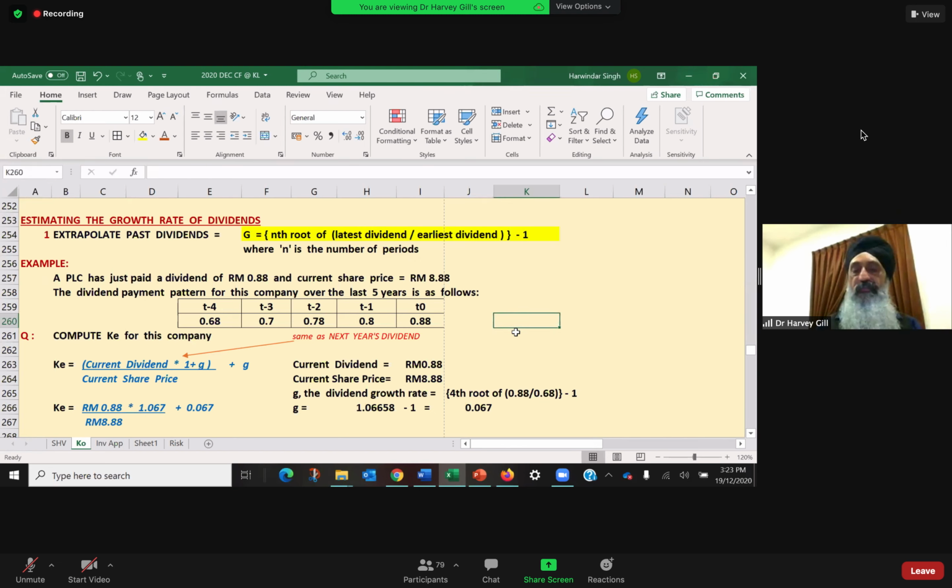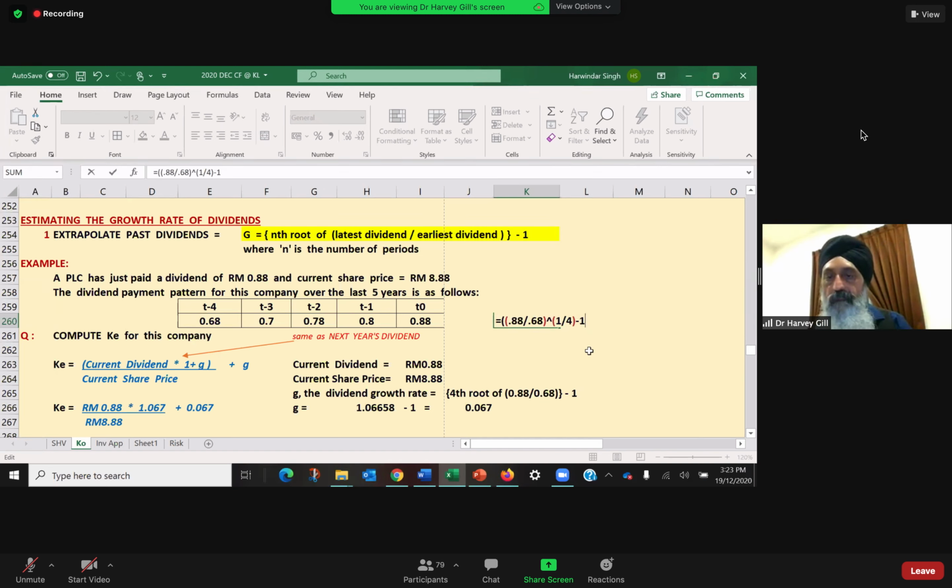So in this case, it would be equal to the current dividend, which is 0.88, divided by the first dividend in this series, which is 0.68. Fourth root means to the power of a quarter. Power of 1/4. There you go. And the whole thing minus 1. So let me put another big bracket outside here. Whole thing minus 1.